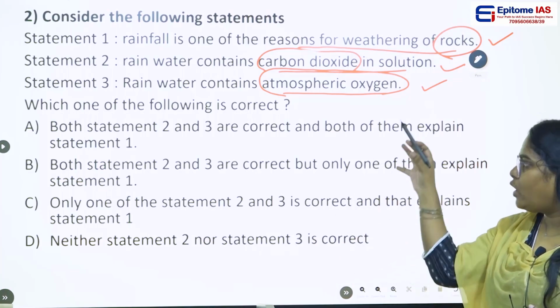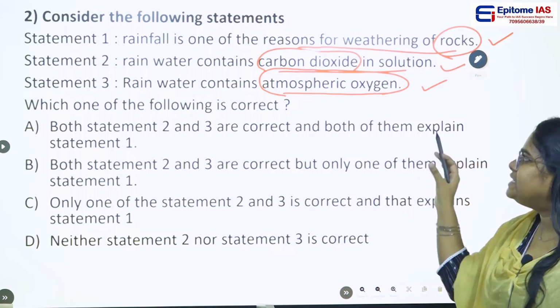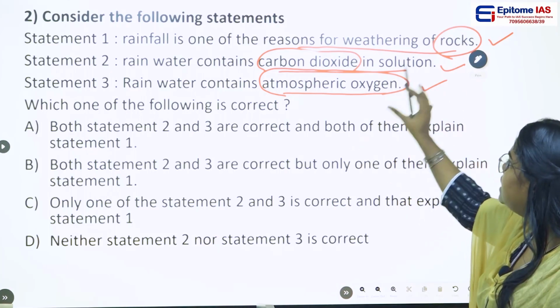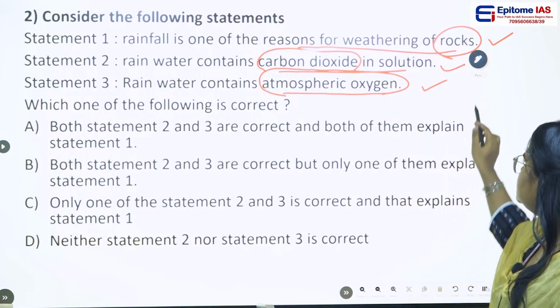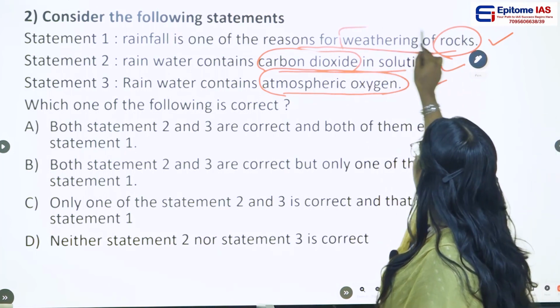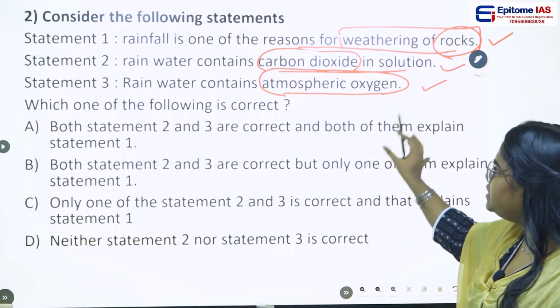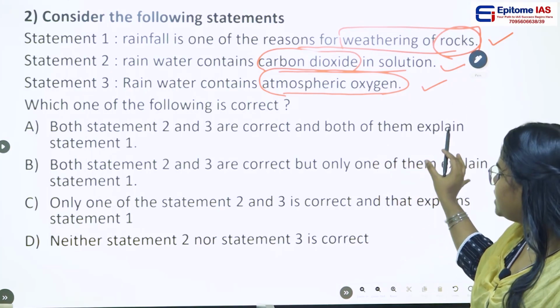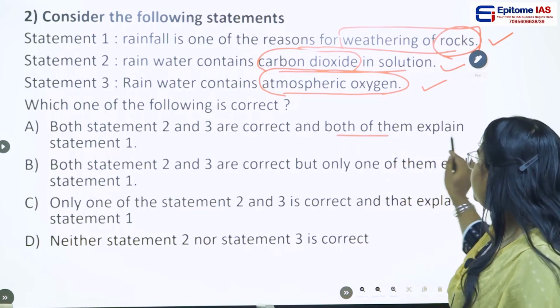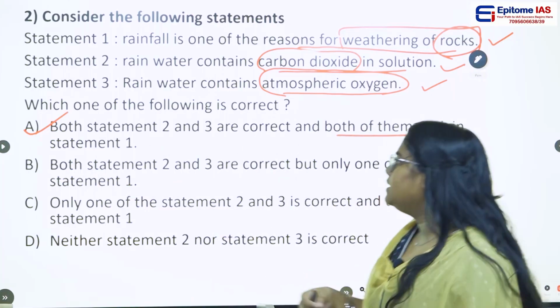The rainwater also contains the atmospheric oxygen. And if you see both this carbon dioxide and the atmospheric oxygen, these both are the reasons for weathering of rocks. So the correct answer would be both statement 2 and statement 3 are correct, and both of them explain statement 1. So the correct answer is option A.